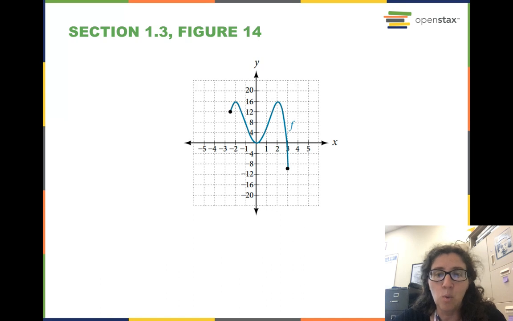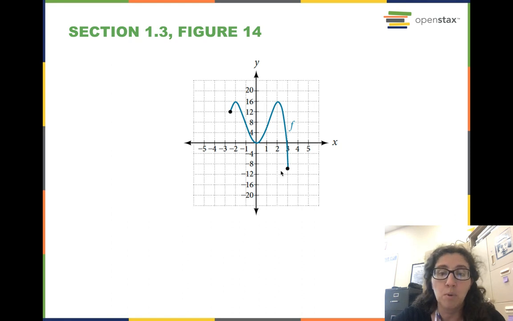All right, so we've got one last example to look at here. Let's find local minima and local maxima for this graph. So let's see, here we've got a local minimum, right? It happens at (0, 0), because the function changes from decreasing to increasing.